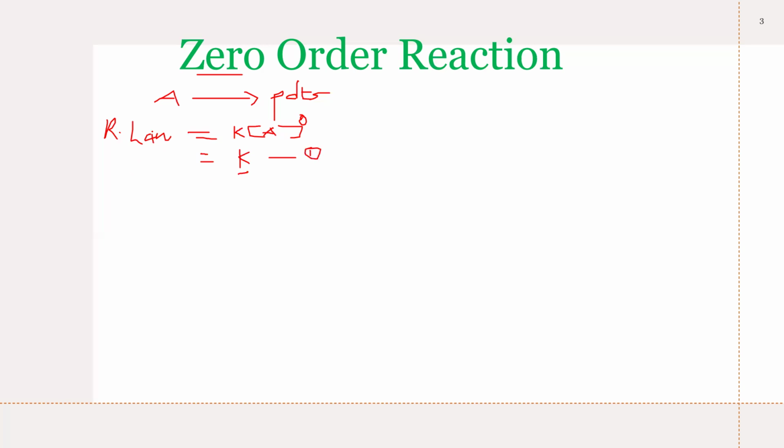Now let us also write the rate of reaction for A. The rate of reaction of A is about the disappearance. If A is disappearing, we bring our negative sign, then the change in concentration of A with time.